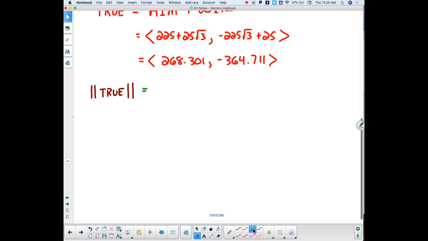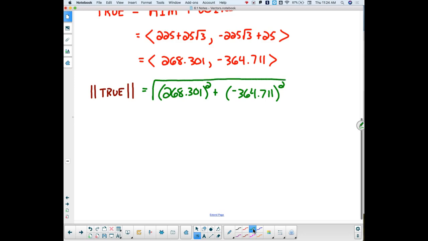So that's going to be 268.301 squared plus negative 364.711 squared, and then take the square root of that. That's going to give me my true ground speed.